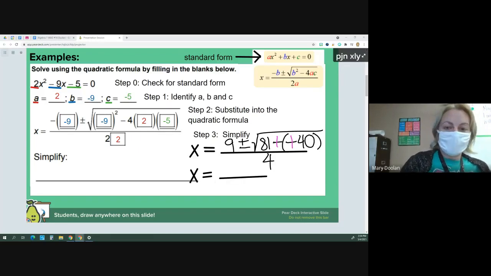So we still have 9 plus or minus, and we still have 4 in the denominator. But now in the square root, what is 81 plus 40?